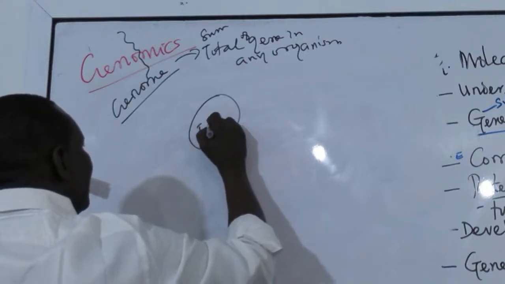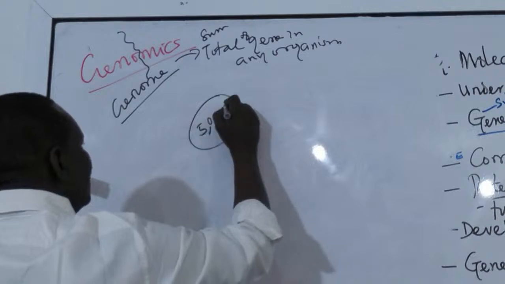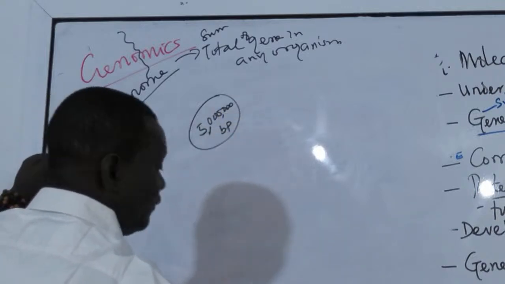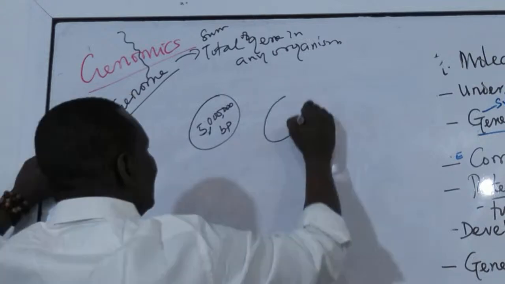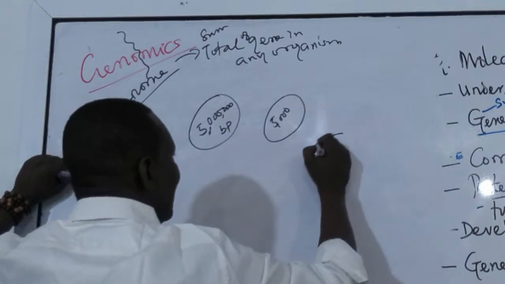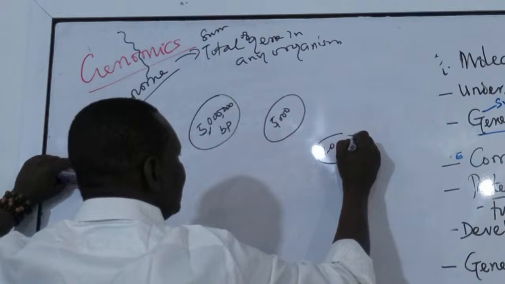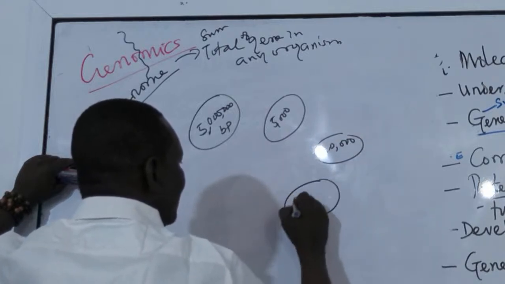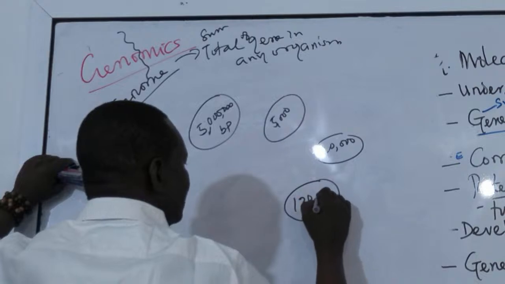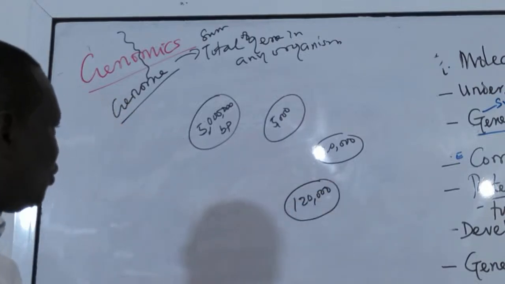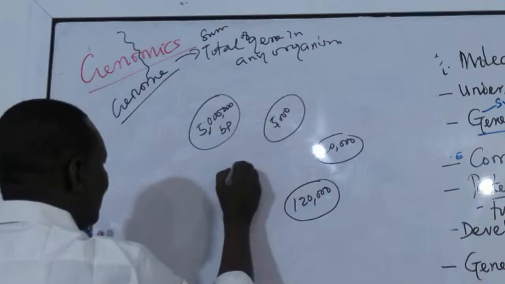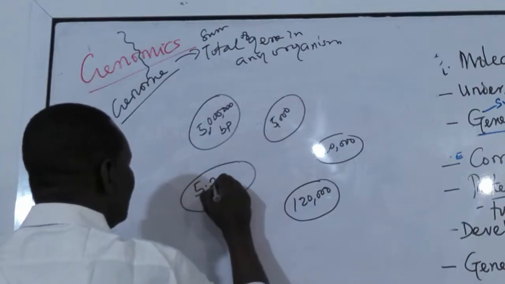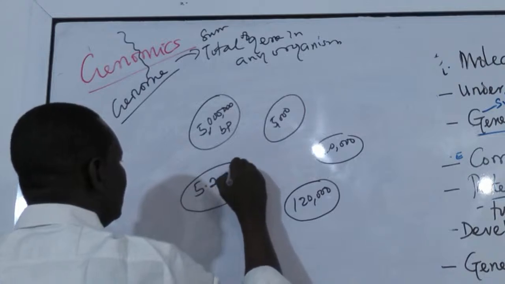let's say 5 million base pair, for example, and you have one that is just 5,000, another one has 20,000 base pair, another one has 120,000 base pair, and you now have another one which has 5.2 million base pair.